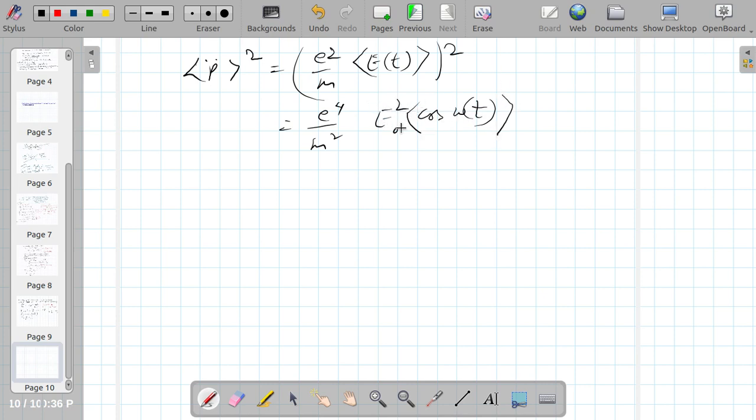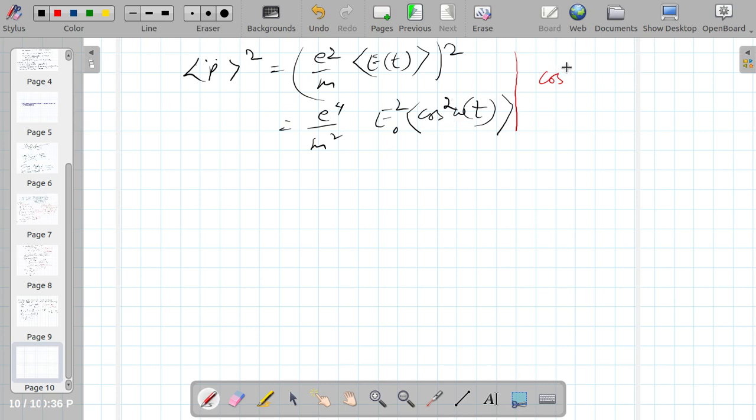E naught is a constant, so it can be taken outside. Its square will be E naught squared cos squared omega t.